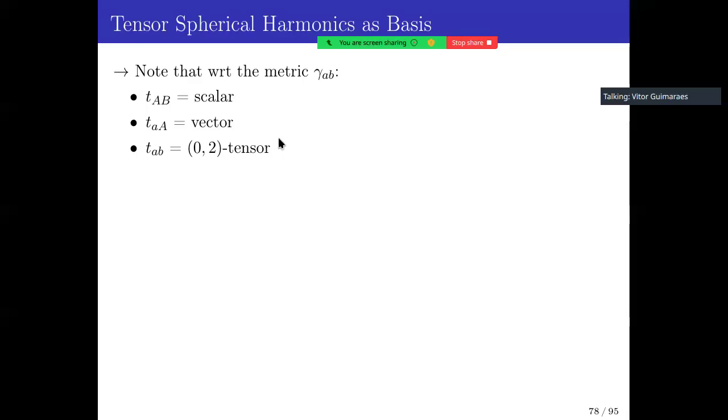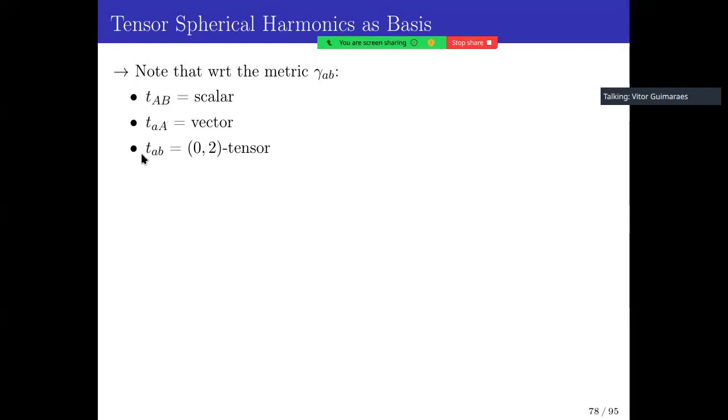And this, since all the objects here have small caps indices, right? This is the trick. If you see capital indices, this means that this object is fully not spherical, and I don't know if that is the right term, but they're completely non-spherical, and these are completely spherical, and these are some kind of mixed, right?